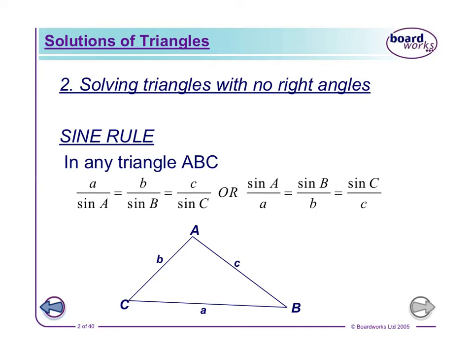So the rule is that in any triangle that you're working with, if you take the side that you're looking at and you put it over sine of the opposite angle, that will give you a ratio, a fraction, a number. Then if you take another side opposite to its angle, you use sine of the angle, then you will end up getting the same ratio.